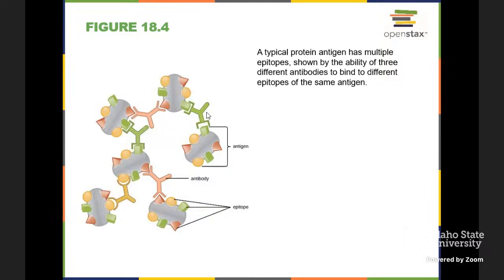There are really two regions on this antibody. The tail of the Y, it's important, all right? And the top of the Y, and this looks like a Y right here, but up at the top, these regions on the end of your Y are what we call antigen binding sites.